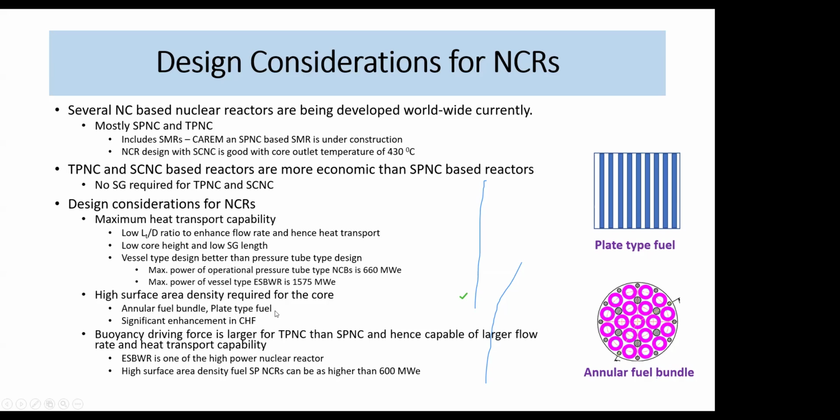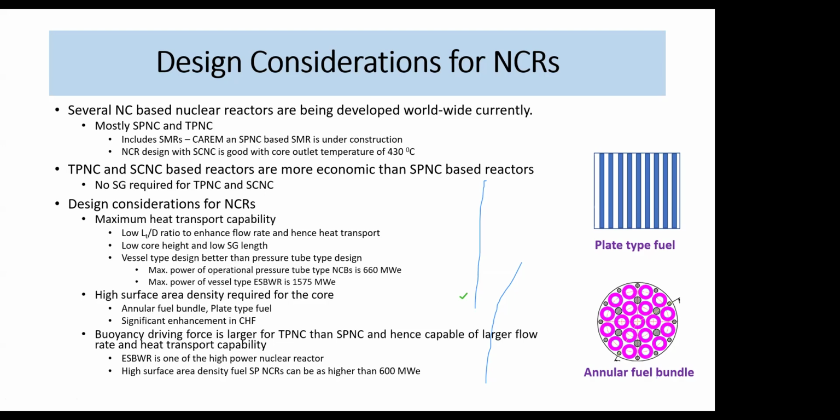Now, what is needed is high surface area density. If you use solid fuel rods, you are not going to get high surface area density. One of the options is to use annular fuel, which means inside and outside cooled annular fuel, and this has been studied by a consortium of Koreans, Chinese as well as Americans.